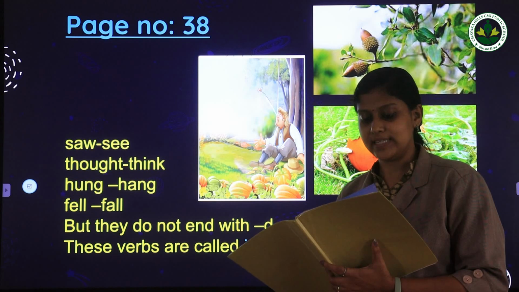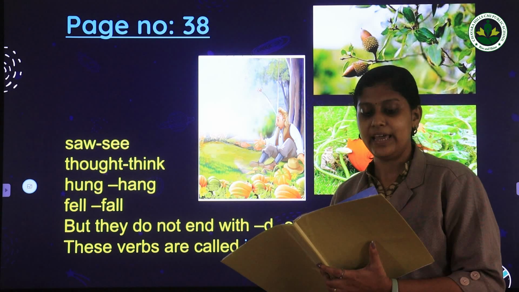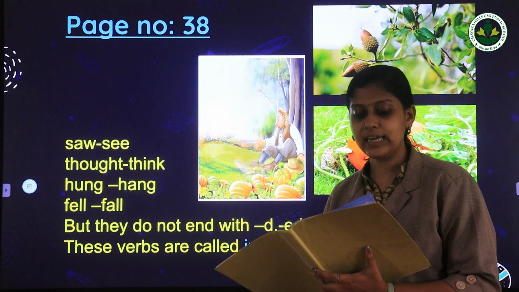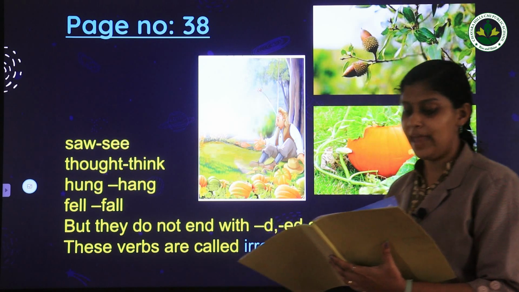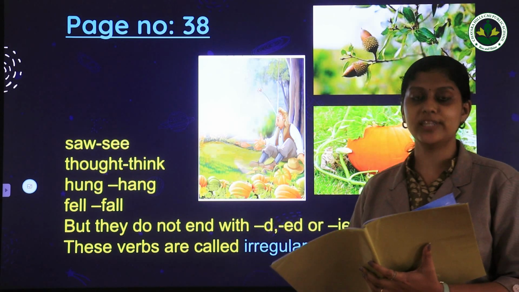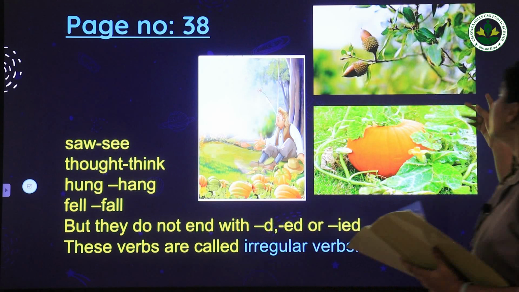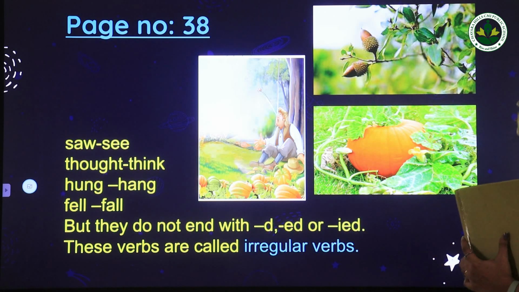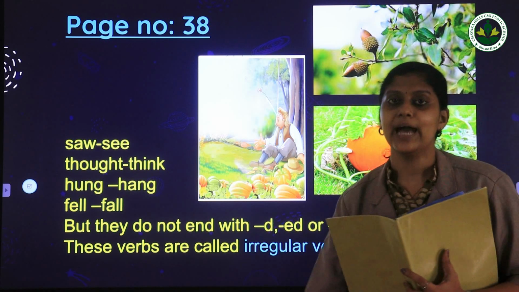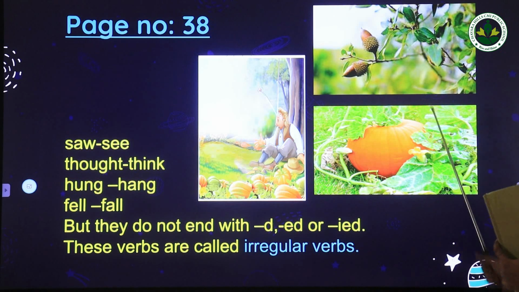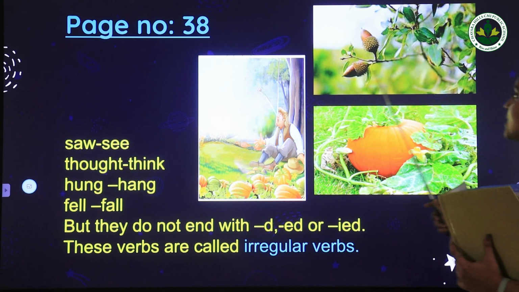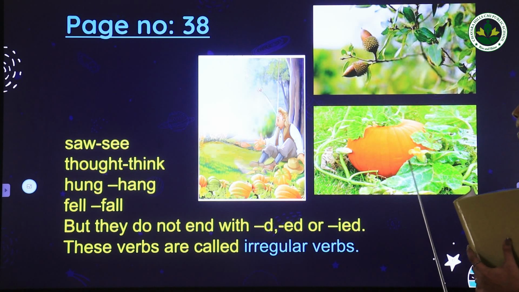He thought to himself, if I were God, I would have hung a tiny acorn on the thin stem and a huge pumpkin on the big tree. Look at these pictures. Can you identify the difference between these two pictures? This is a small fruit and this one is a big one.